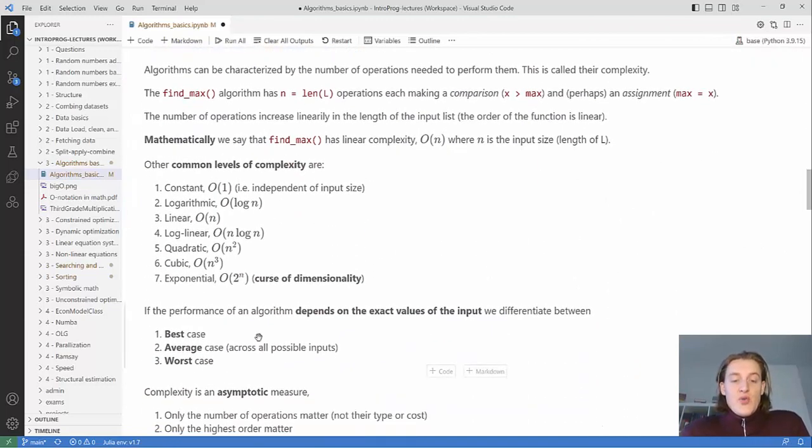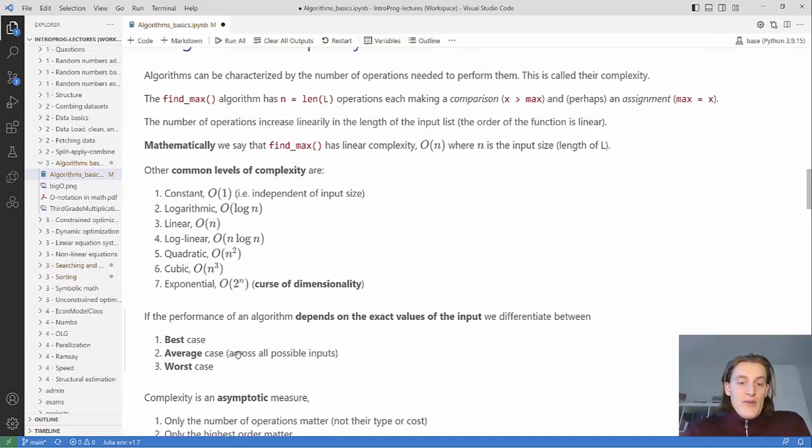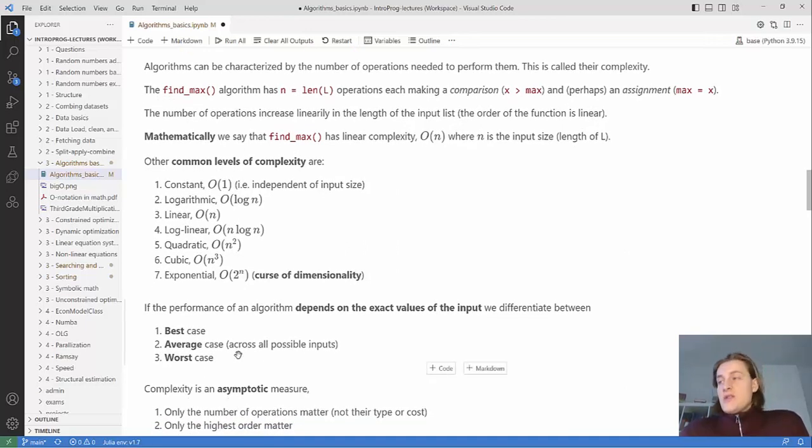Sometimes you can talk about the best case, the average case and the worst case. The best case is the fewest possible number of operations that can be done if we get the easiest input for a given size.